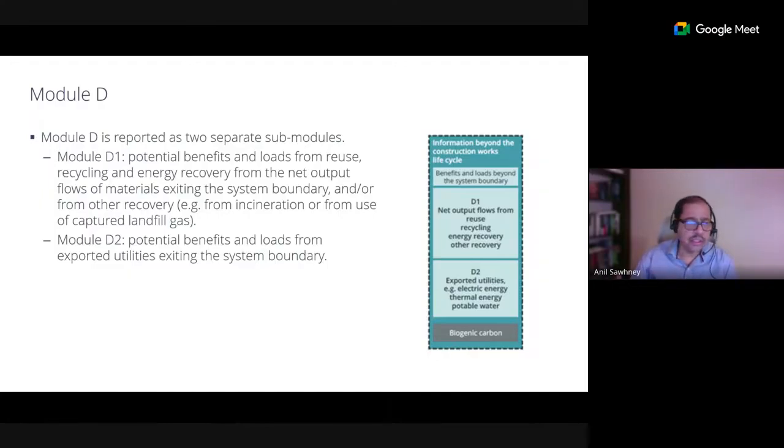Let's say there is structural steel that can be sent to another site. It's a benefit, not a load for this asset. So module D1 looks at those. Module D2 is the potential benefits and loads from exported utilities. D1 could be basically materials, products, systems, whereas D2 is essentially exported utilities through electric energy, thermal energy, or potable water.